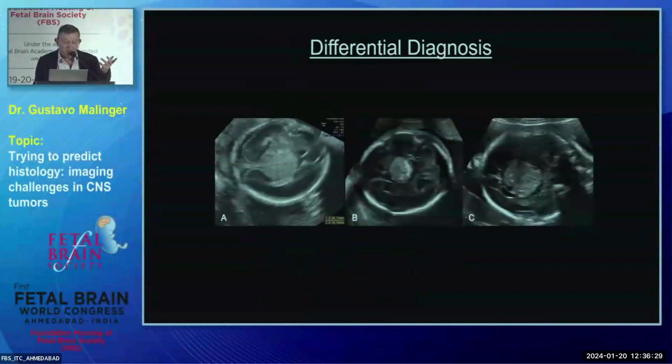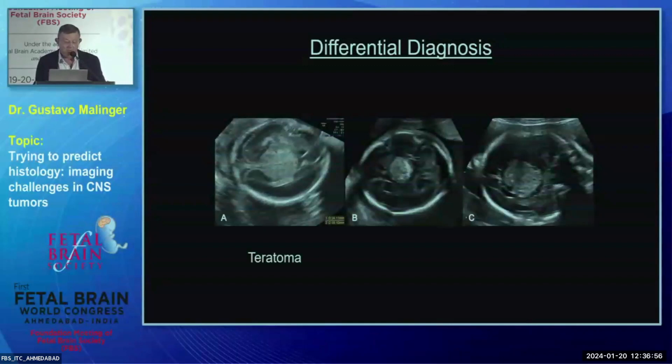This image is also in the book, and I put images like that because you have 3 different masses that are quite similar one to the other. Knowing the position of the mass, you will try to make an etiologic diagnosis. And most people say, okay, this can be a craniopharyngioma because it's solid and it comes from the base, in the position of the basal cistern.